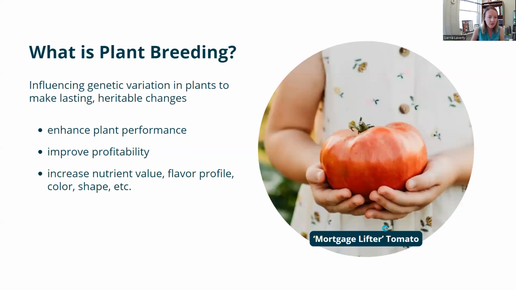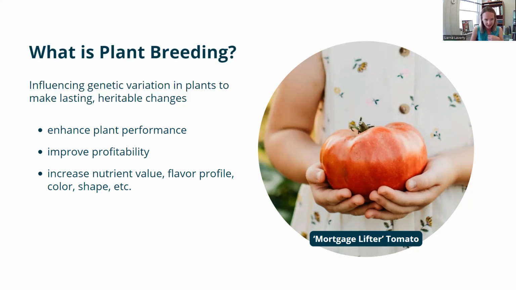Mortgage lifter tomato is an example of this, that was bred way back in the day to have just an enormous tomato. So mortgage lifter, so it's supposed to lift, I guess, get rid of your mortgage because you have so many tomatoes that you are swimming in crops, right?